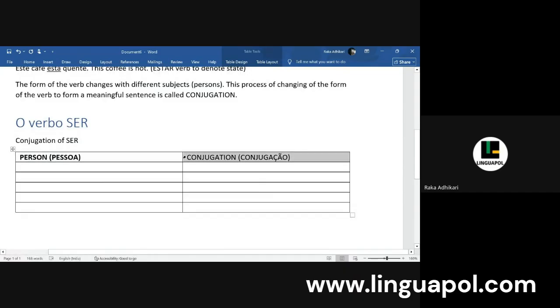So under the persons, let's first start with eu, right? First person singular. The first person that we should take is eu. The conjugation with the person eu for the ser verb is sou. So it is eu sou.